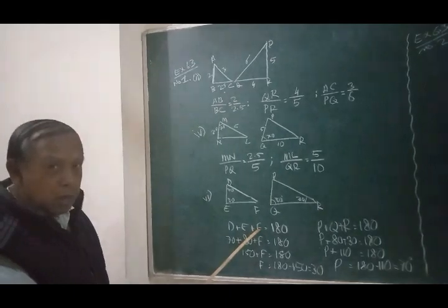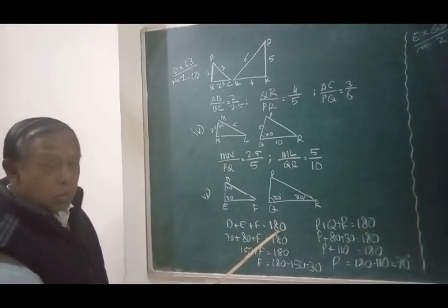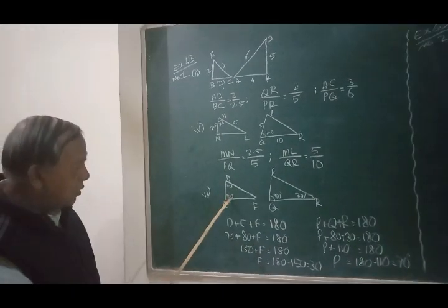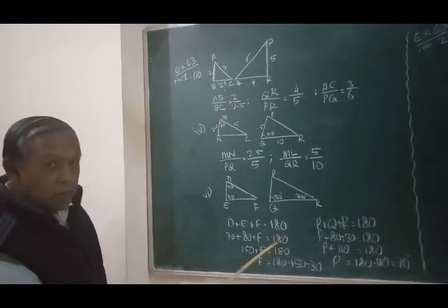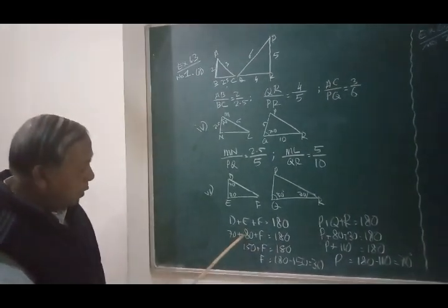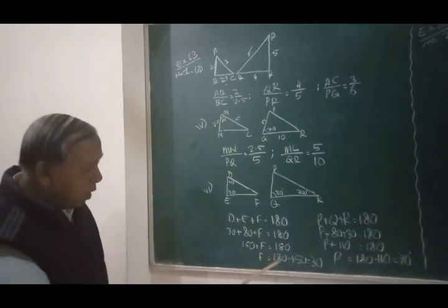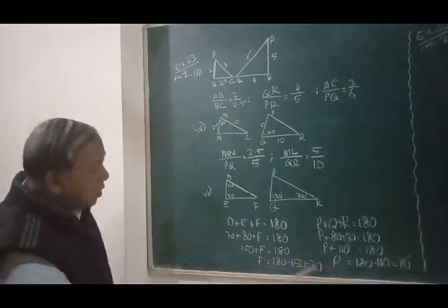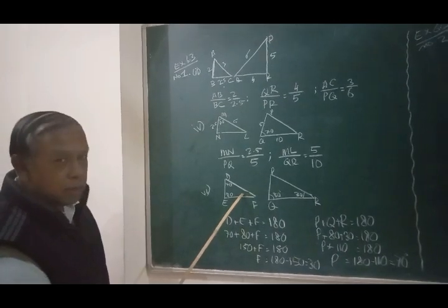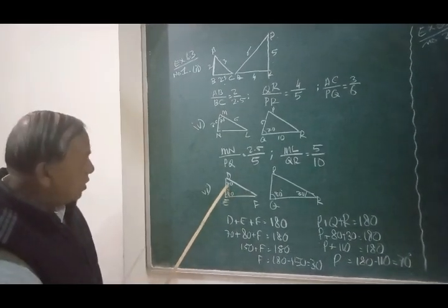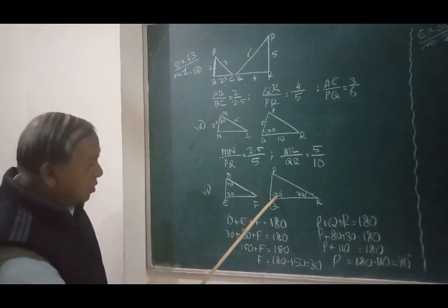The three angles add up to 180. We know that. Now we give the values 70, 80, then 150, and 180 minus 150 is equal to 30. So F is equal to 30. So this angle will be 30. So 80, 70, 30, 80, 30.